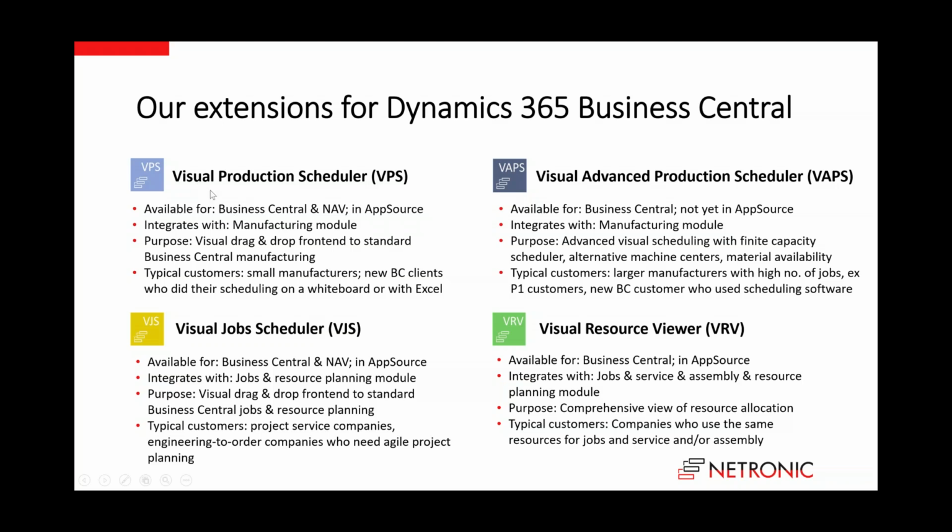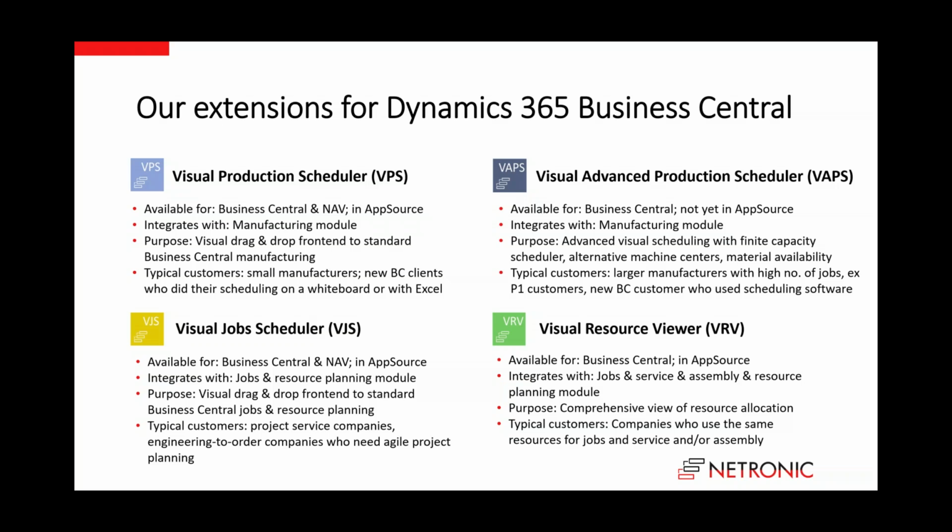If you then come to a point where a pure drag and drop front end to what you get out of the box from Business Central is no longer enough, then you can grow into or go for the Visual Advanced Production Scheduler. The Visual Advanced Production Scheduler is solely available for Business Central.